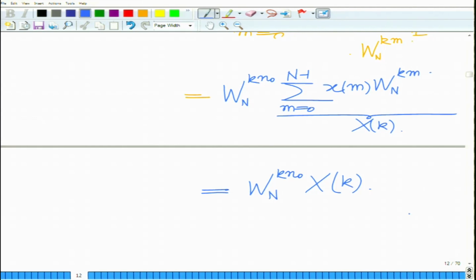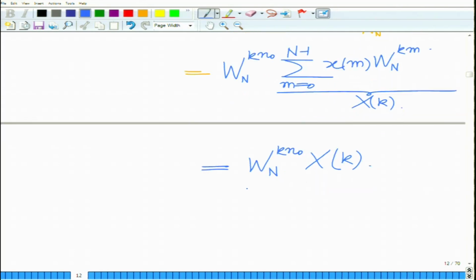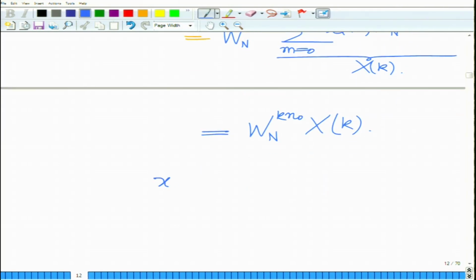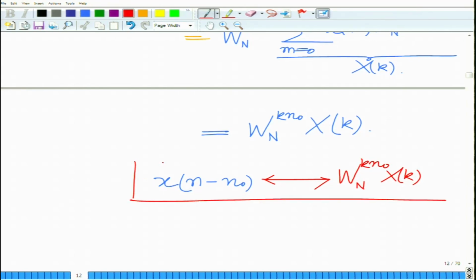So, x[n − n0] has the DFT W_N to the power kn0 times X[k].